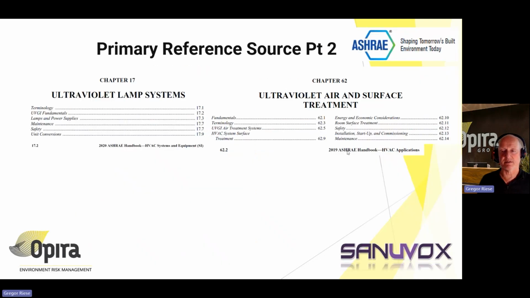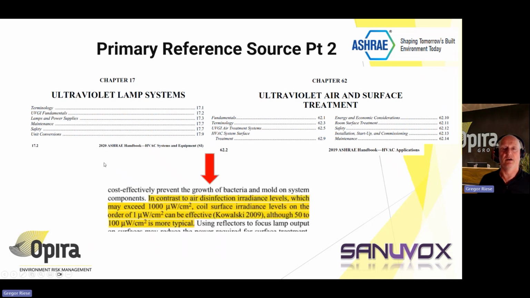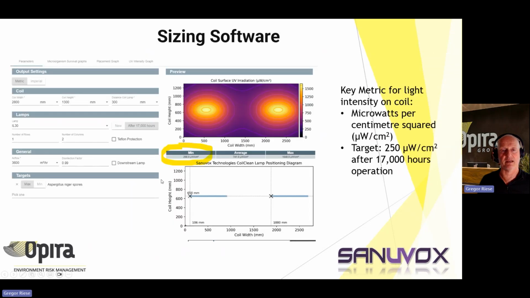So our primary reference sources, in addition to Kowalski, are the ASHRAE handbook publications. There are 2 chapters, quite lengthy, but in terms of coil cleaning, they recommend irradiation of 50 to 100 microwatts per centimetre squared as the recommended dose for coil cleaning.